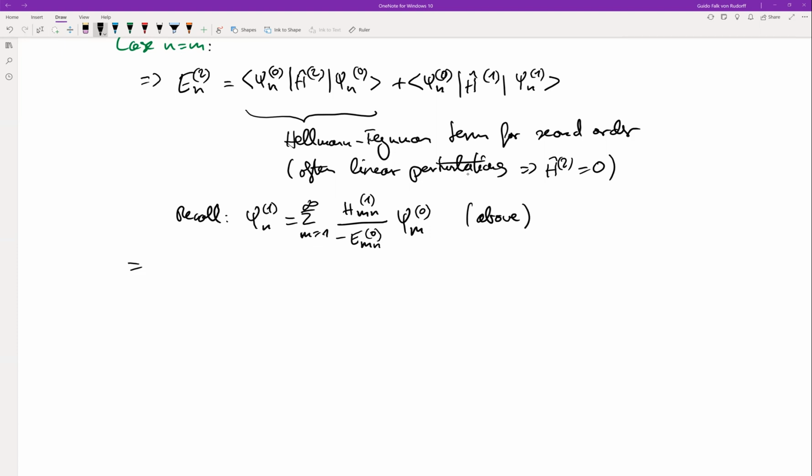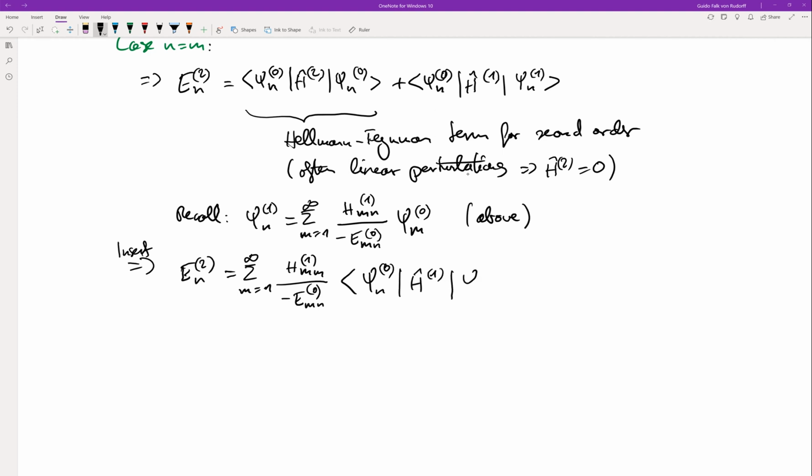Now we can insert this, and what we get is that E_n second order is this infinite sum of H_mn first perturbation over E_n0 minus E_m0, and then psi_n0 times the linear perturbation times psi_m0, and this we had defined as H_nm.